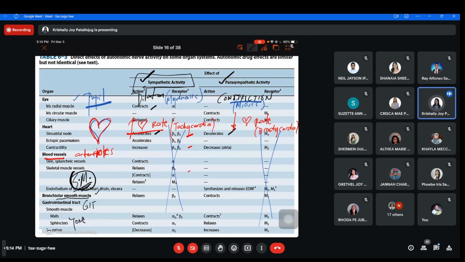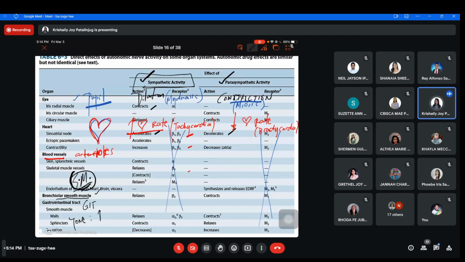Again, the effects of sympathetic and parasympathetic on these three organs have something to do with the tone or pressure.